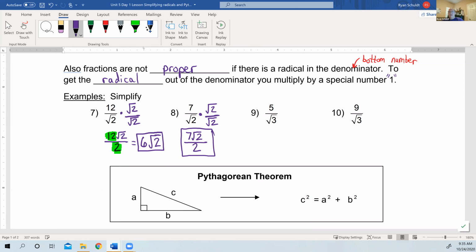Okay, on to the next one. Our special number 1 would be the square root of 3 over the square root of 3. And you're like, why are you doing 3 this time? I don't get why you're doing 3. You did 2 first. Well, I did 3 because that's what's in my bottom. Whatever is in the bottom, that tells you what your special number 1 is.